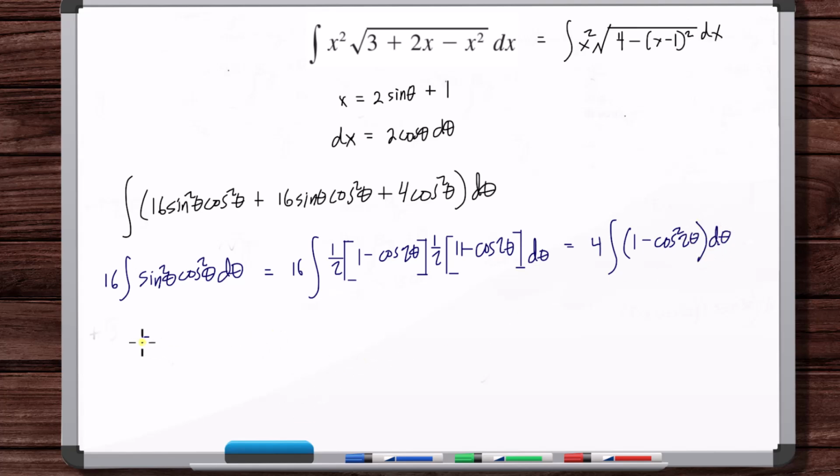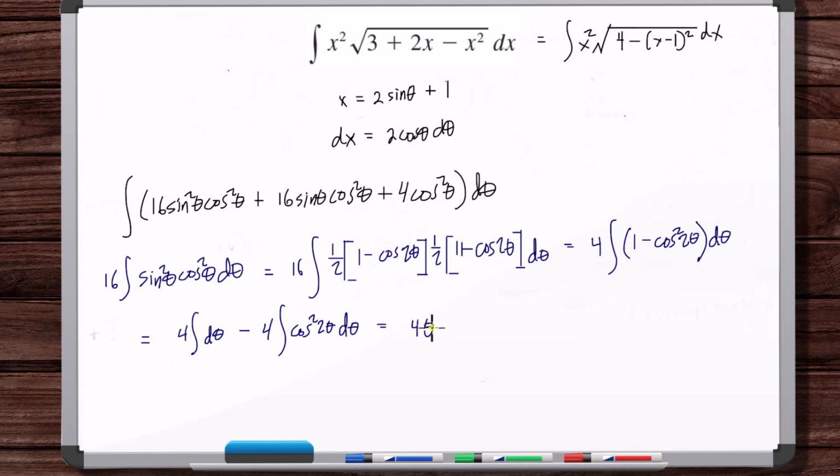Okay, so we've got 4 d theta minus 4 cosine squared 2 theta d theta.